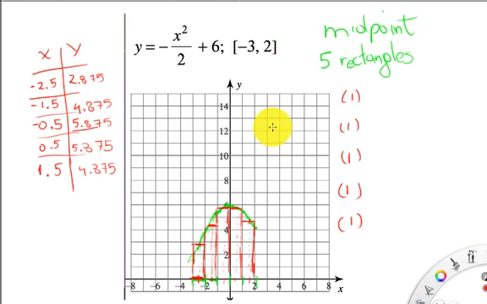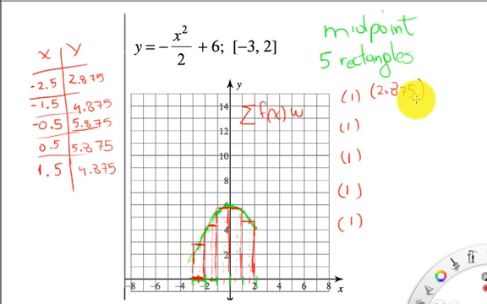Completed the table of values, and we found the y values, which are going to give us the heights. So to calculate these areas, we're going to multiply the function values times our widths. We have the widths, which are 1, and now we calculated the function values. So my first one is going to be 1 times the function value at -2.5, which is 2.875.